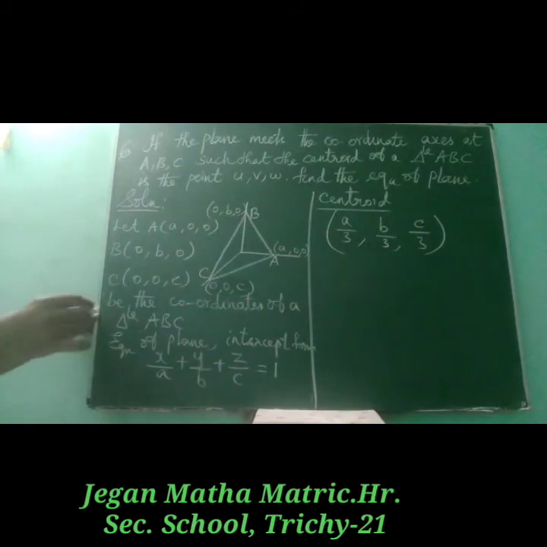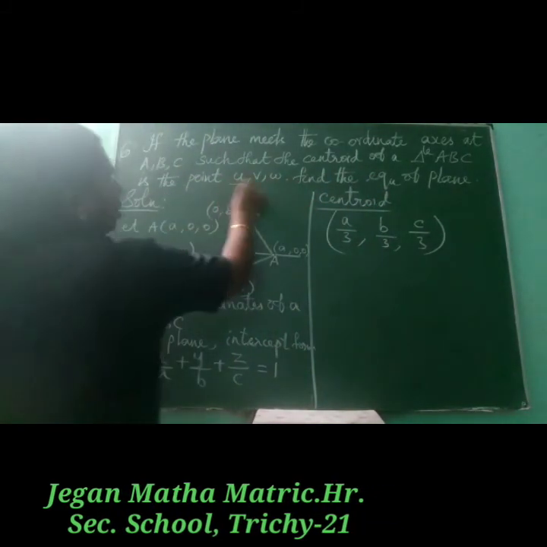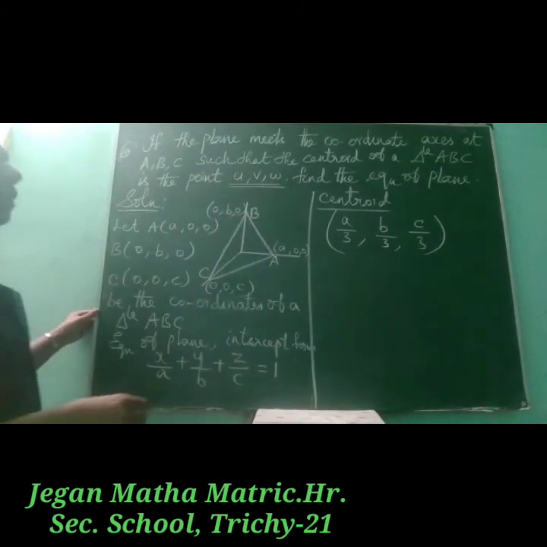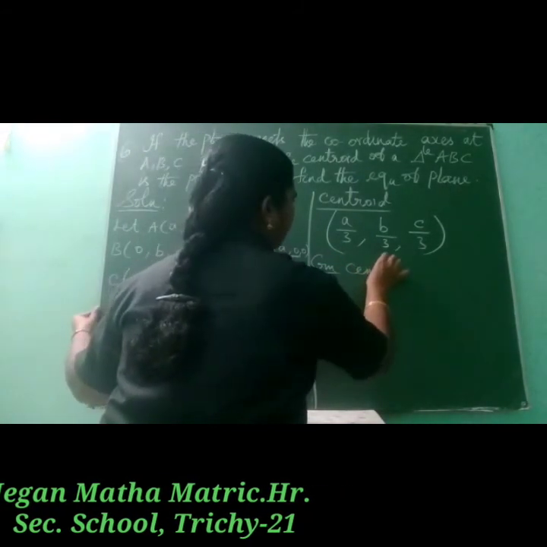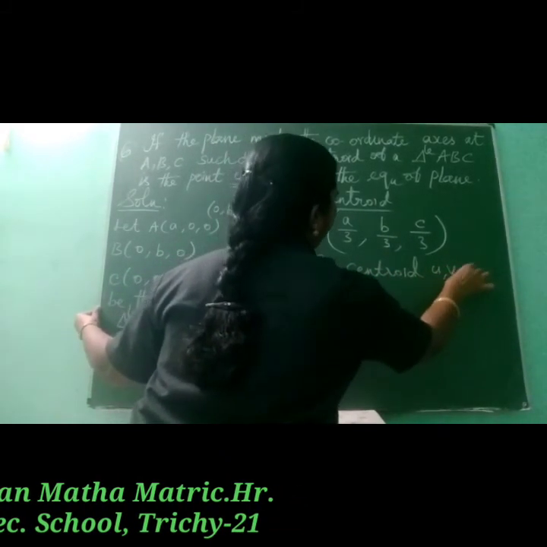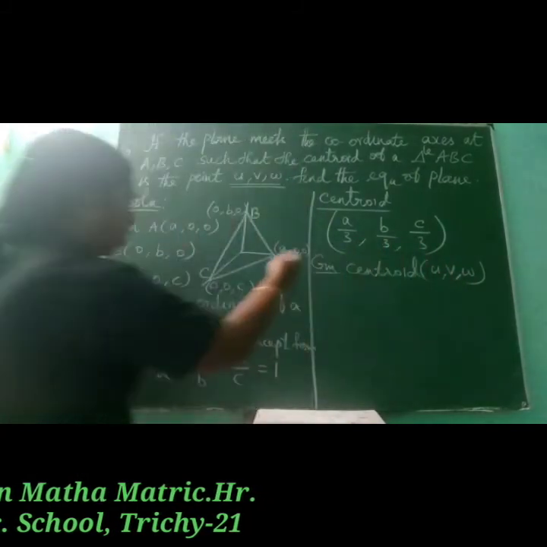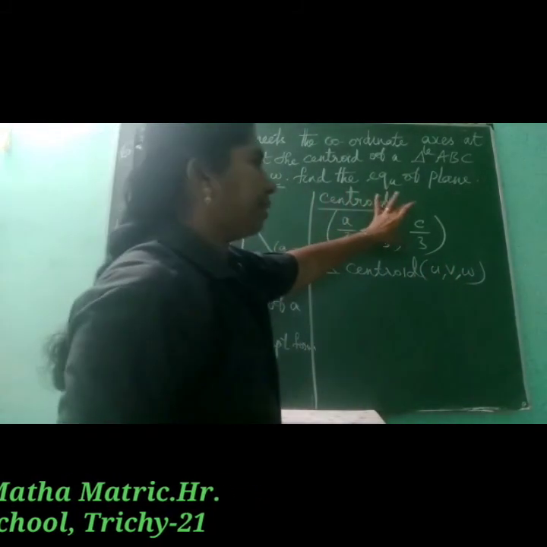In the question, what is given? The centroid of the given triangle is the point (u, v, w). The centroid we found from these 3 points is a by 3, b by 3, c by 3.